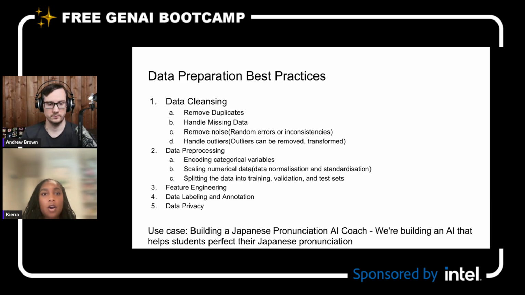So let's move on to data preprocessing. That's where you're transforming your clean data into a format that AI can understand. So you need to encode categorical values. Categorical values are basically any type of text labels or attributes that we understand as phrases, but AI understands everything as numerical. So let's say you have hot, warm, and cold as labels for something.